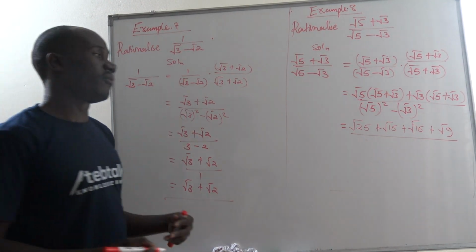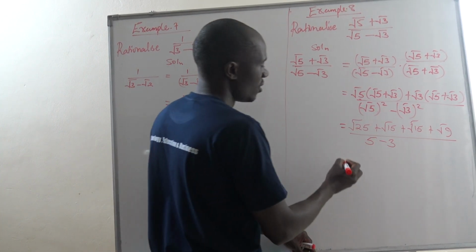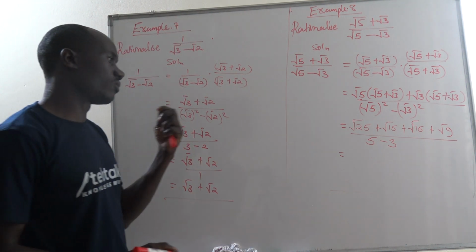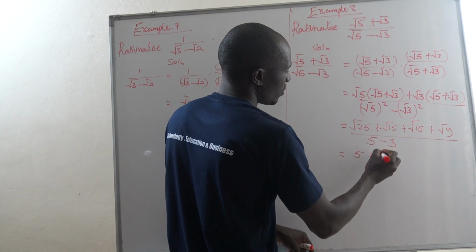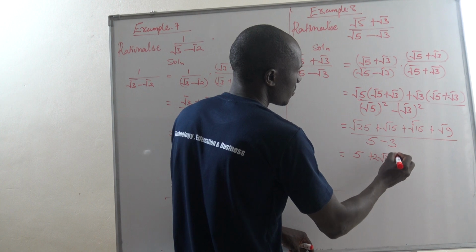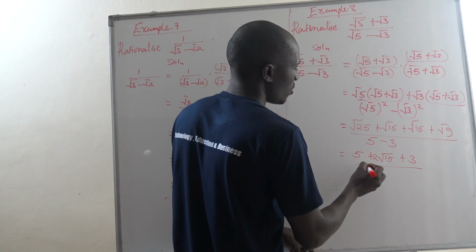That one is the difference of 2 squares, as we have said. The roots are even cancelling. We are remaining with 5 minus 3. We go ahead. 25 is a perfect square. The square root of 25 is already 5, plus root 15. They are the same, so you can say 2 root 15, plus, do you know the square root of 9 is already 3, all over 2.